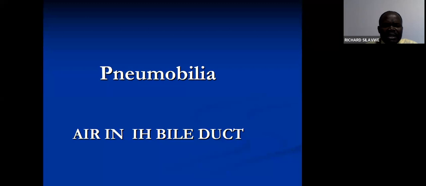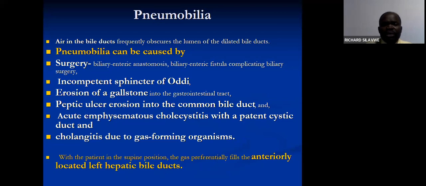Pneumobilia, air in the intrahepatic bile duct. Air in the bile duct frequently obscures the lumen of the dilated bile duct. So pneumobilia can be caused by surgery, okay?